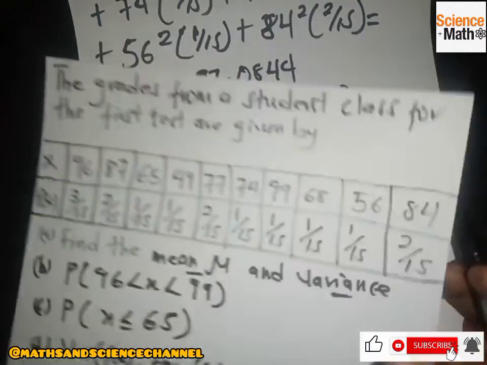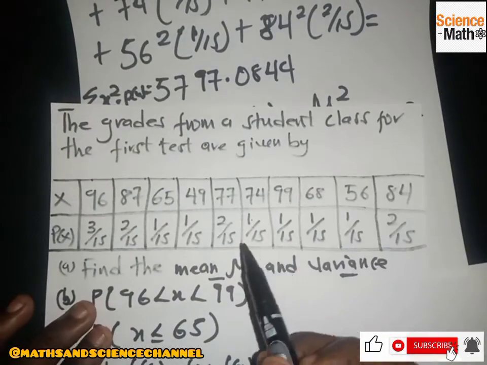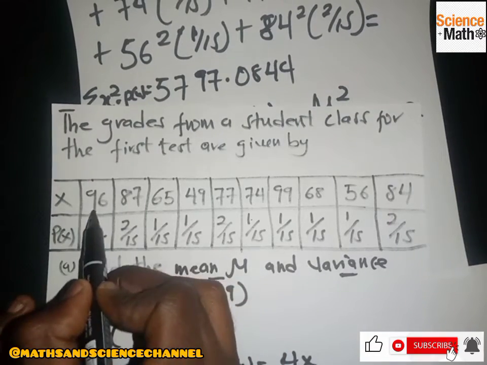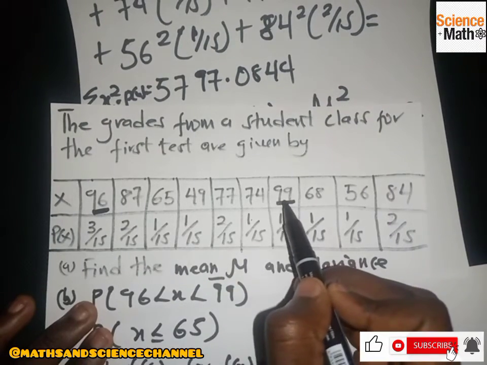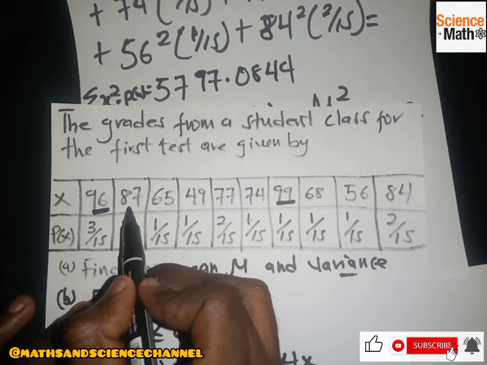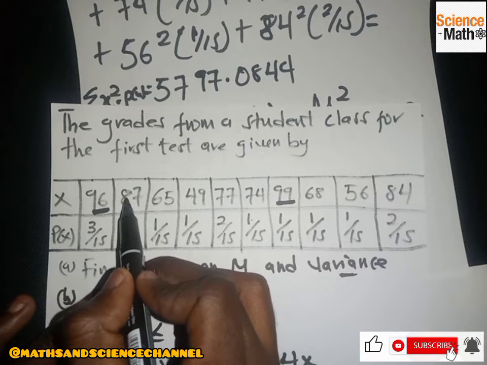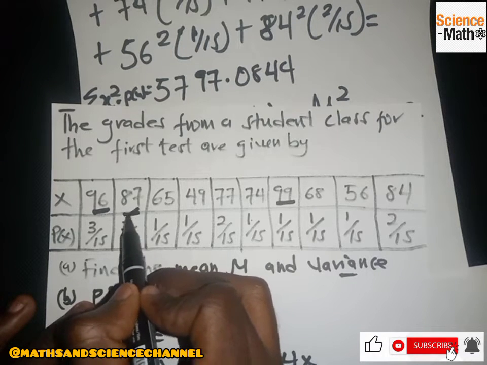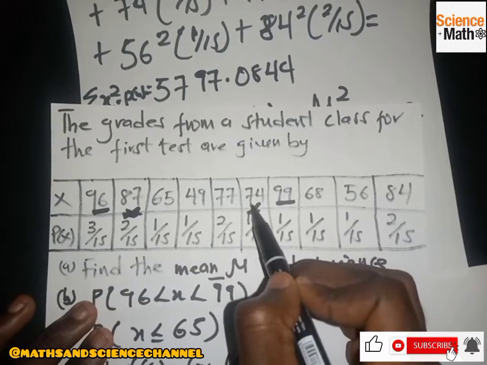If you look at the whole thing again, now we have 96 here and 99 here. So the values will be between 87, which is from here, all the way to 74.